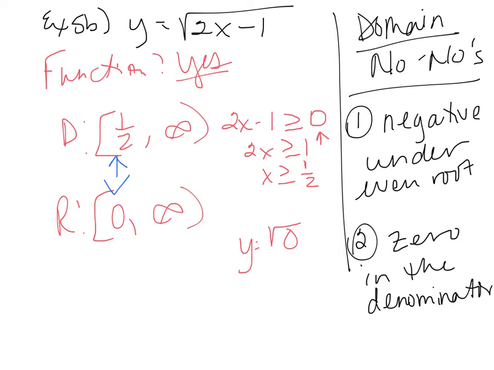Now, whenever you're dealing with functions here, looking at equations, sometimes it takes a little bit for this to soak in. So feel free to go back, rewatch this video, just let this soak in and see what it is we're talking about. The kicker here are our no-nos when it comes to domain. A lot of times that helps whenever we write these. Okay, let's do a couple more.